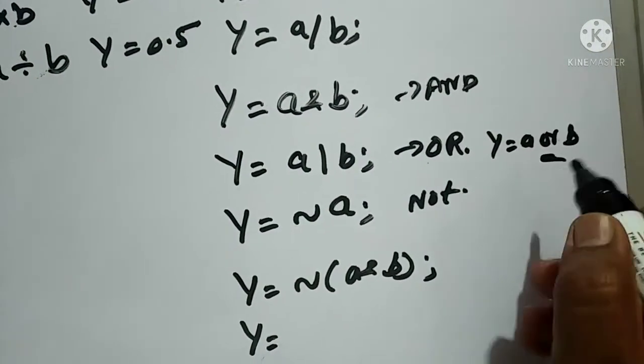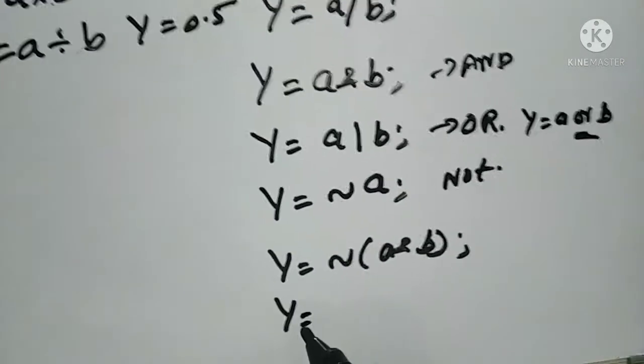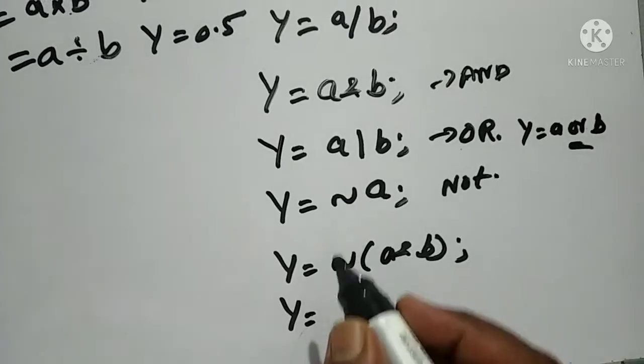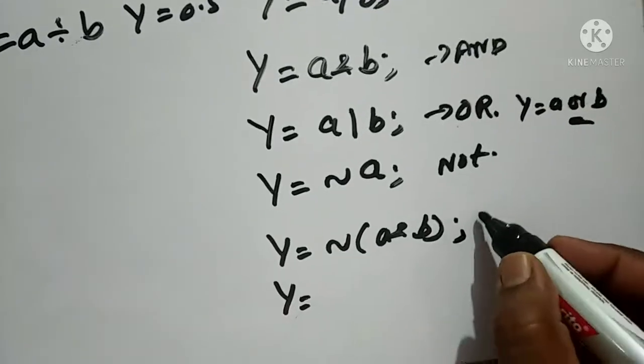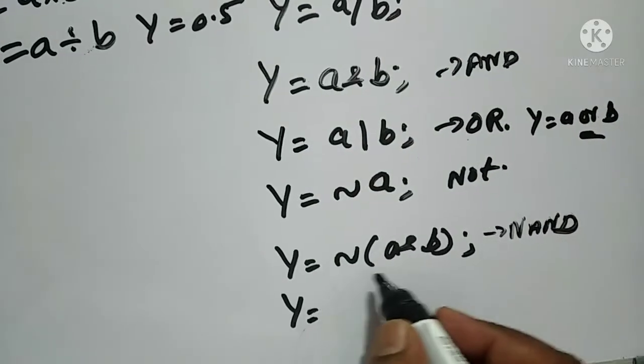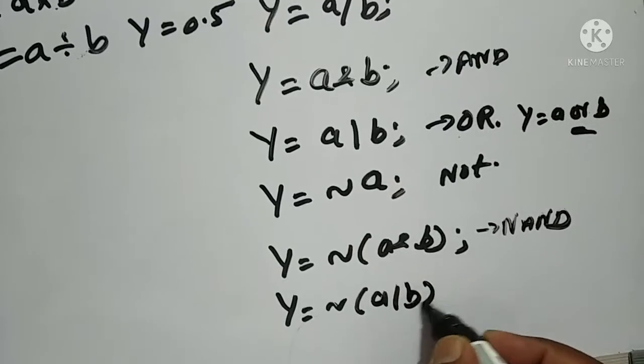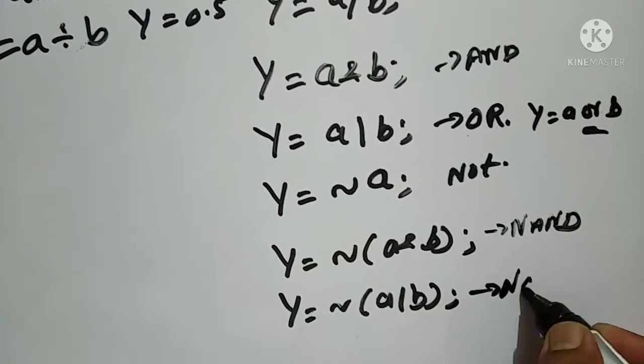The format is different, but the operation remains the same. So in C language, NAND is NOT of AND. Similarly, NOT of OR is NOR.